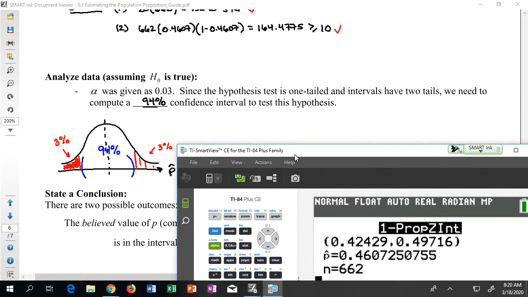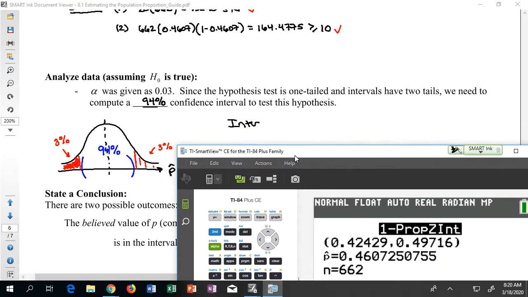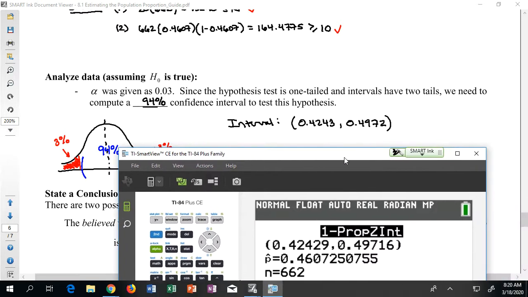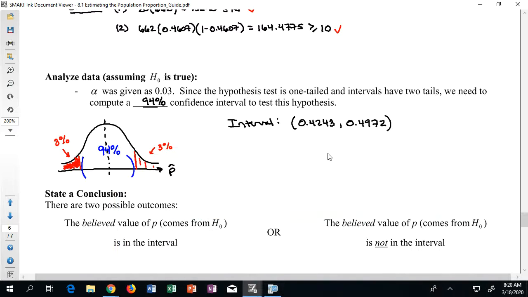Here's the interval I end up with: 0.4243 to 0.4972.